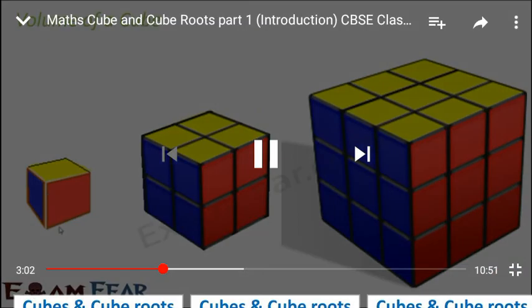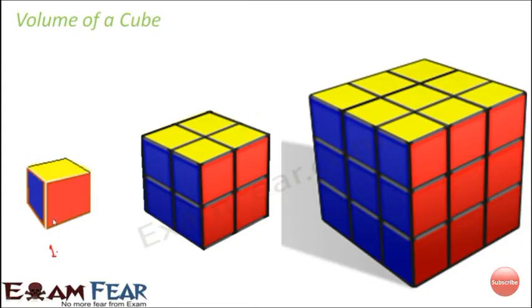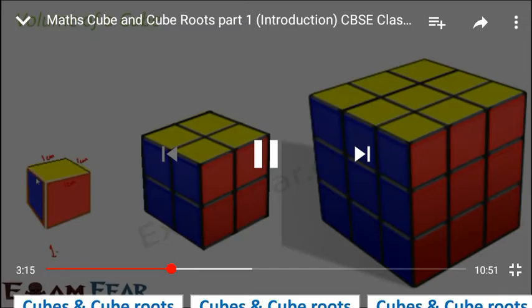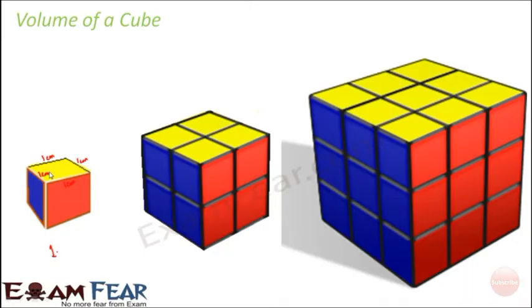In the first scenario, we have just one cube. Let's say that the length of each side of this cube is 1 centimeter. In a cube all sides are equal, so each of these sides measures 1 centimeter. What would be the volume of this cube? Volume is side into side into side.